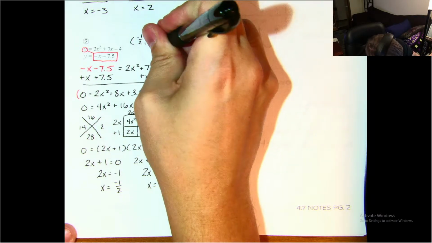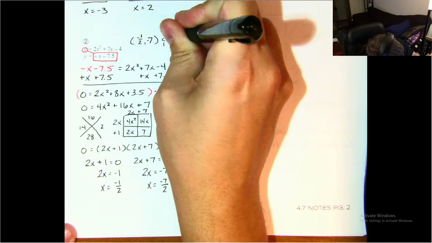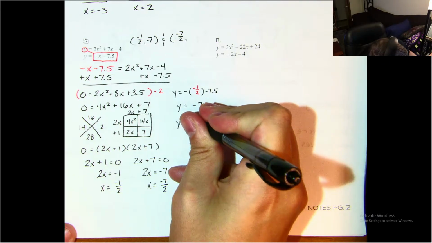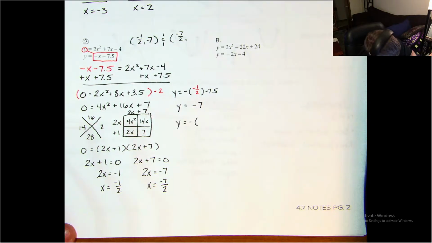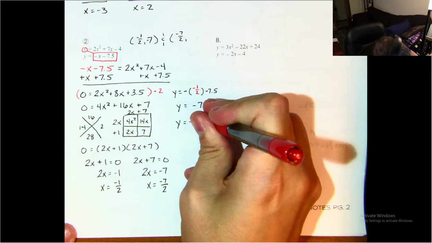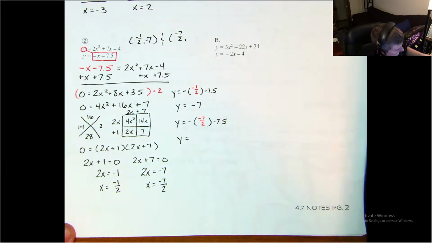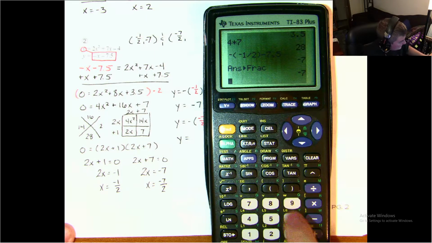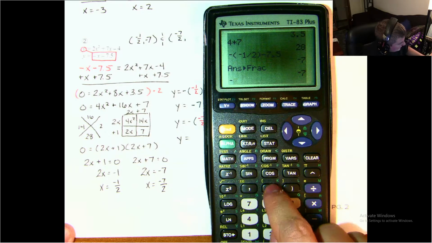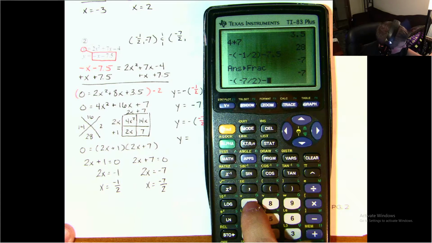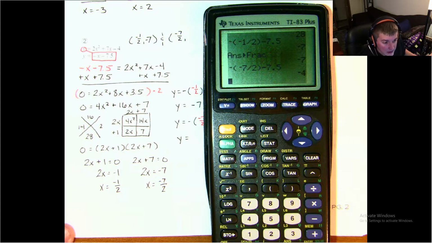My second ordered pair is going to be negative 7/2, which I can do right here. And then I'm going to minus 7.5. Okay, same idea, so I'm going to go the opposite of negative 7/2, and then I'm going to take away 7.5 and get negative 4.